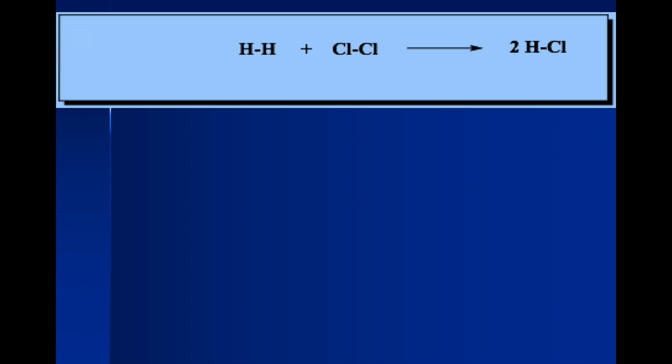So if you look at the reaction where you take hydrogen and chlorine gas and you mix them together, you can actually get 2 molecules of hydrochloric acid, or HCl gas. Now this reaction is kind of an interesting reaction in that if you take hydrogen and chlorine and you put them in a tube with 2 open ends, and then you stick corks in the 2 open ends, nothing happens in the dark.